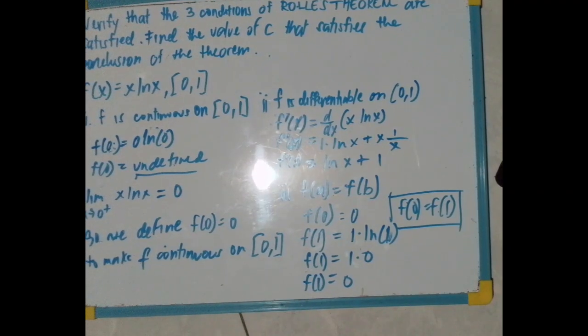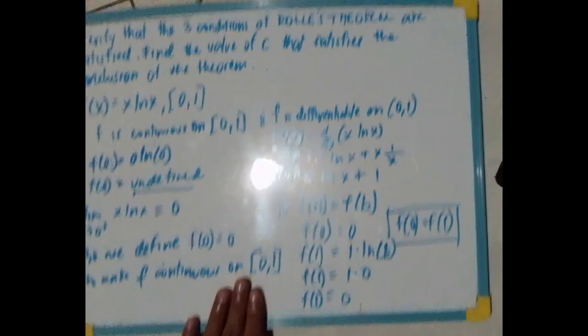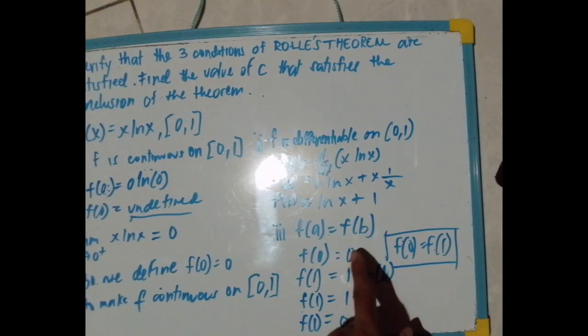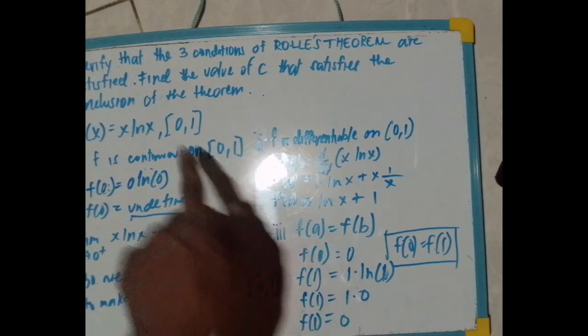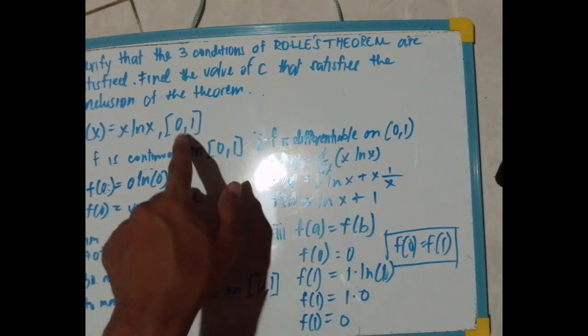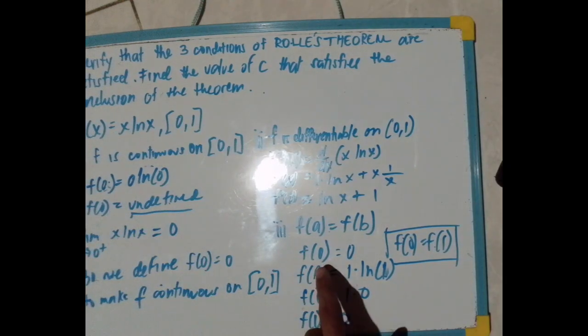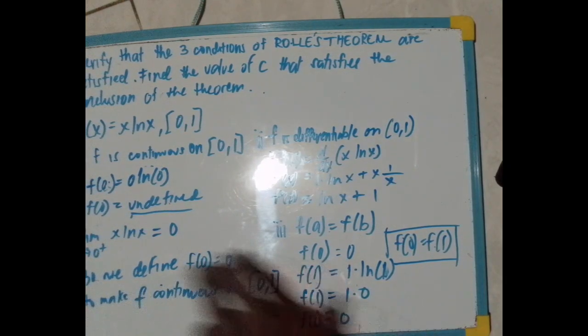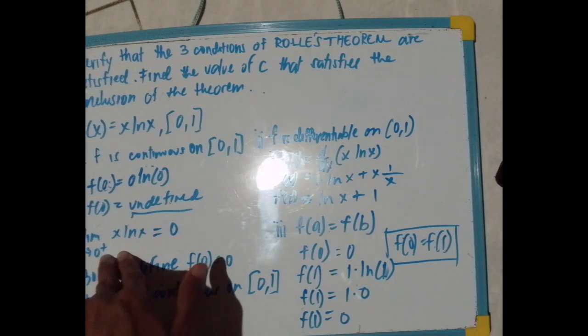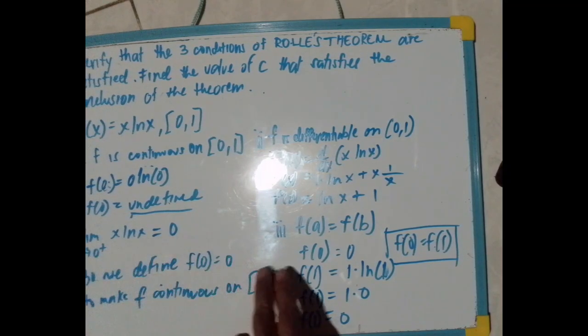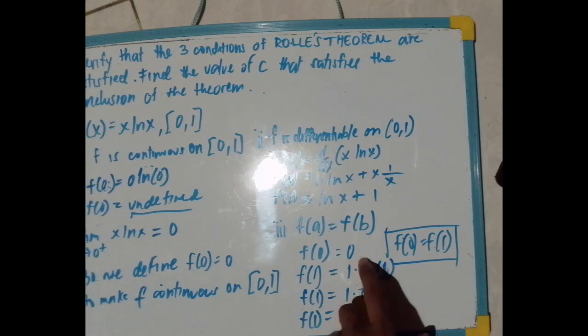For the last condition, f of a is equal to f of b. So f of a refers to 0 and b refers to 1. So our f of a is 0. Going back to the limit by definition, we have f of 0 is equal to 0, and f of 1, if you plug in 1 to the function, we have 0 because ln 1 is 0.